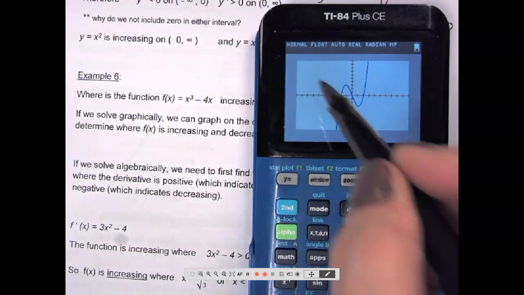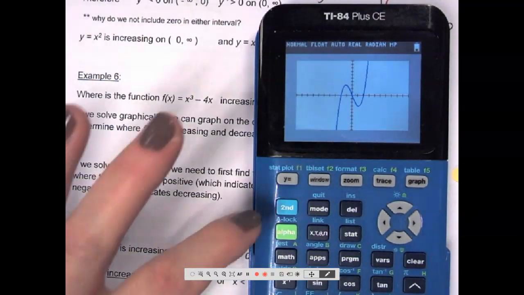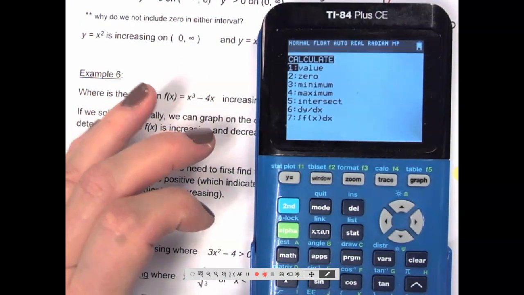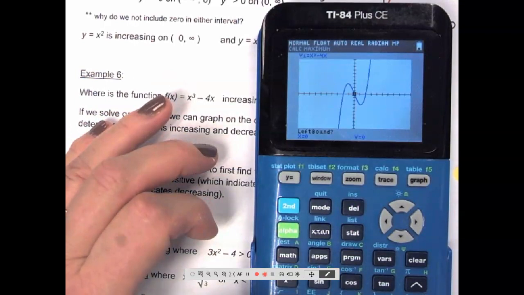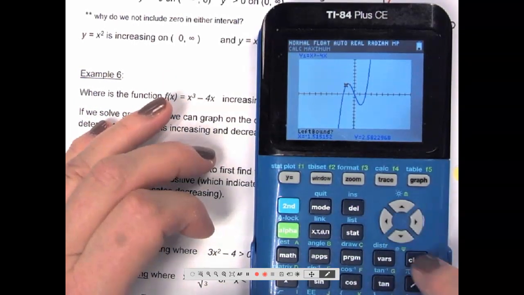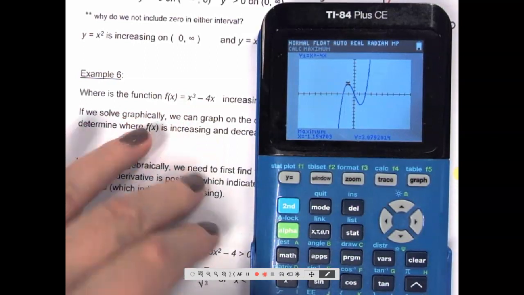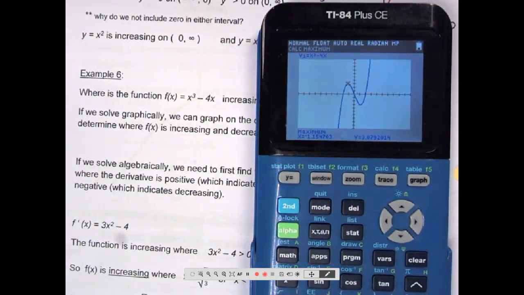Okay, so how can I find those values? Yep, go to that second calculate. Let's find that maximum first. So this is where you need a left and a right boundary. Okay. So it looks like negative 1.154 is the x value.